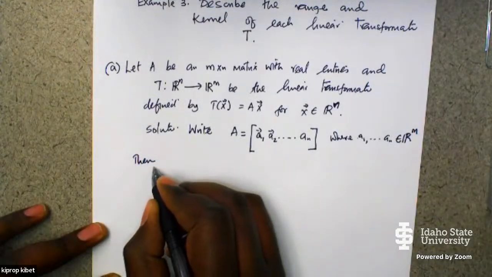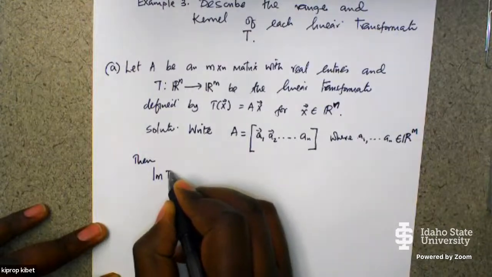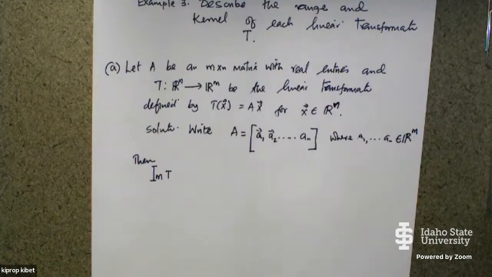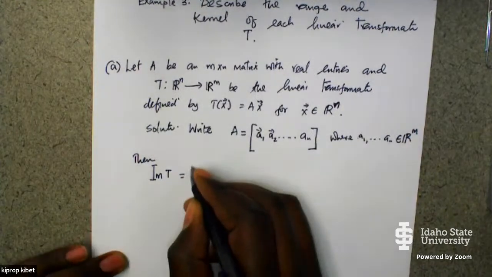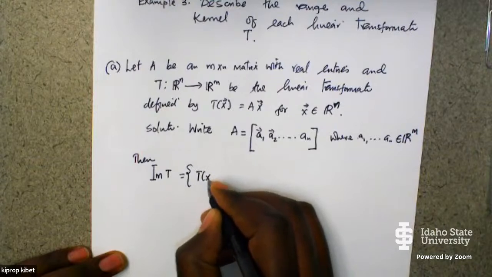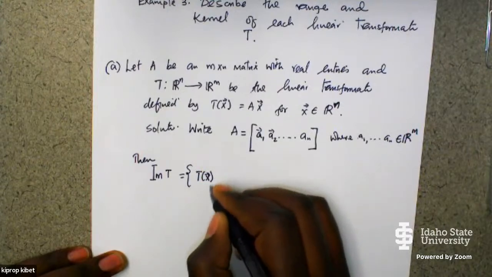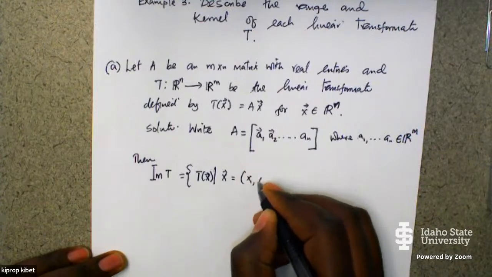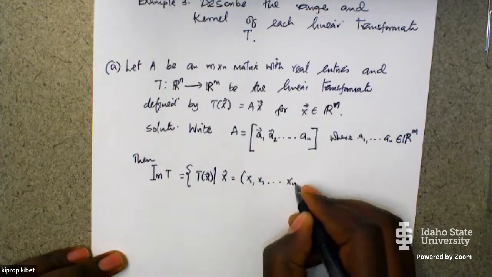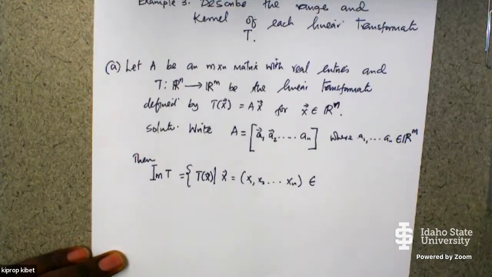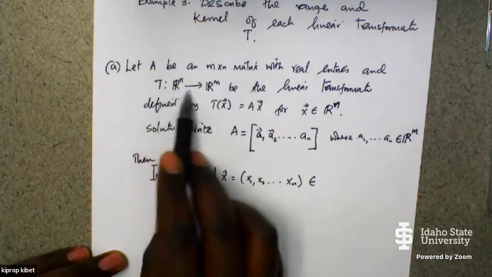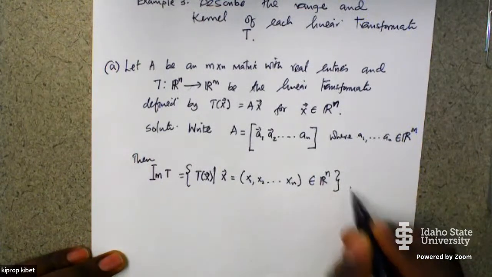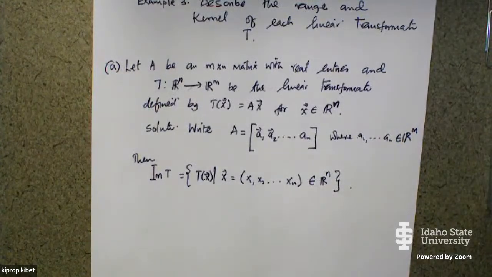Then the image of T is actually the same as T of X, where X equals X1, X2, all the way to Xn, and these X are in Rn.